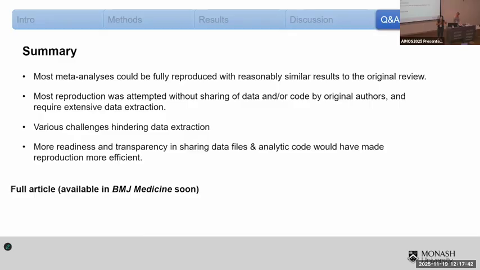When you take into consideration the large proportion of Review Manager forest plot meta-analyses, it's an assumption, but we expect the reproducible percentage will be slightly higher. That was actually true when we did a sensitivity analysis including those studies in our results. We found that the reproducibility percentage is higher.